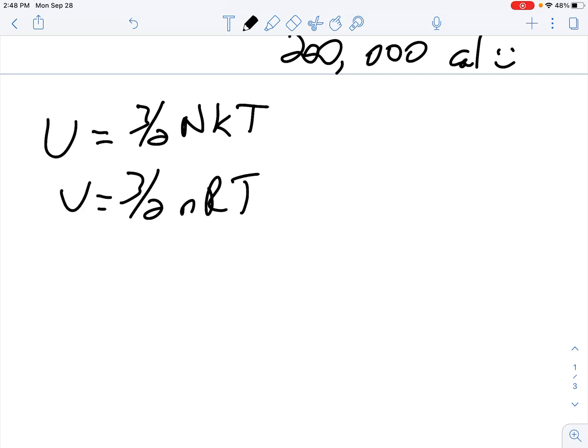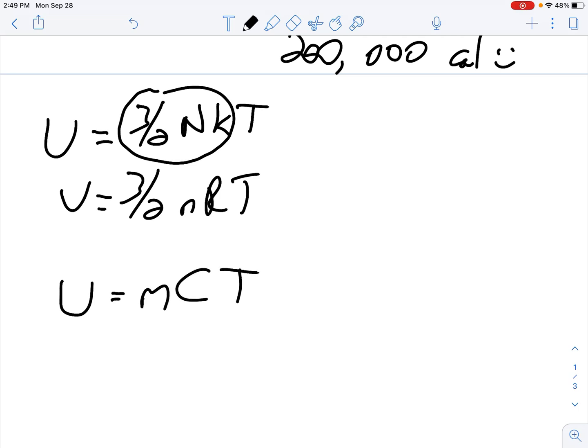Well, that's basically just a series of constants and the temperature. Well, you can write the internal energy, and we're not going to derive this right now. We can come up with this some other time, but for right now, take it on faith. Different set of units, MCT. So a change in internal energy would be written as MC delta T.